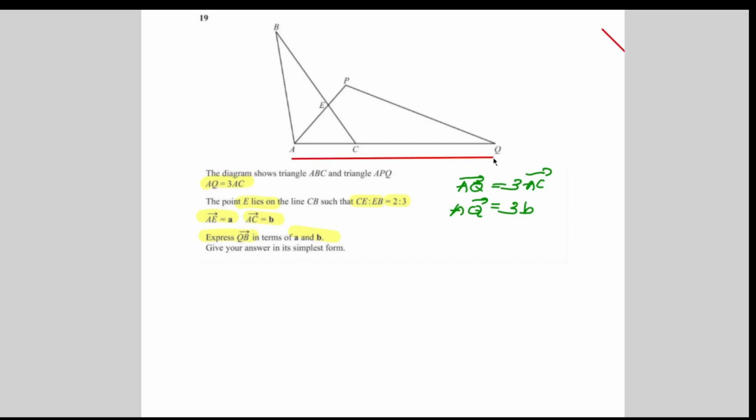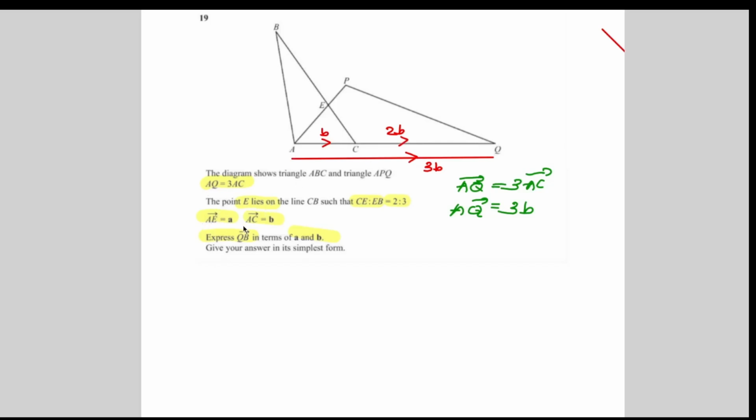AQ equals 3b. AC is given in the question, which is b. Then CQ has to be 2b because everything here should be 3b. This much is b, then this much should be 2b.